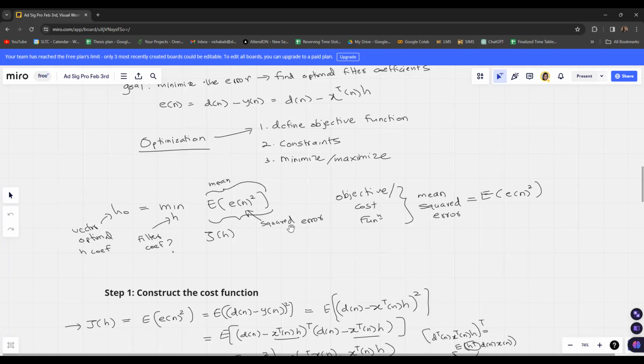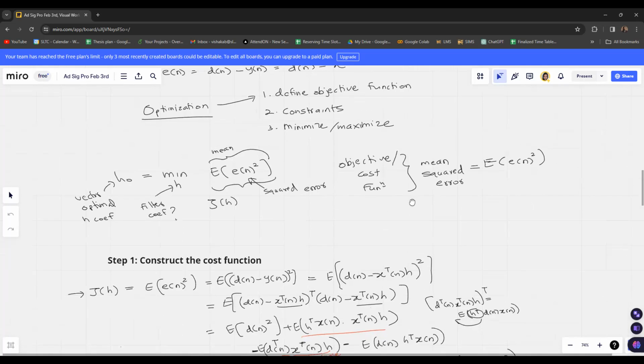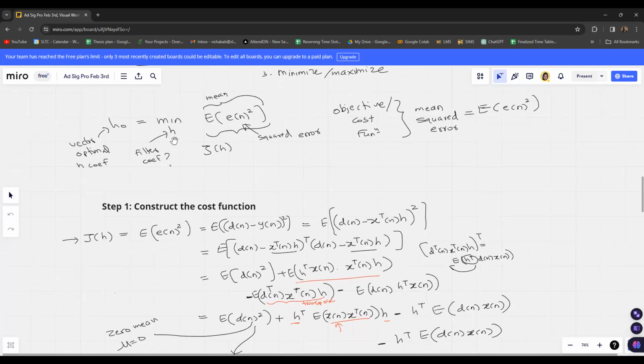So the average of the error of the system must be minimized as much as possible under a certain set of constraints. The objective function that we are considering here is the expectation of the error values, the expectation or mean value of the squared error, and that objective function is the one that we are trying to minimize.